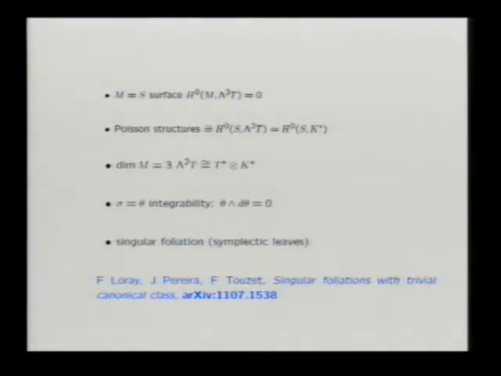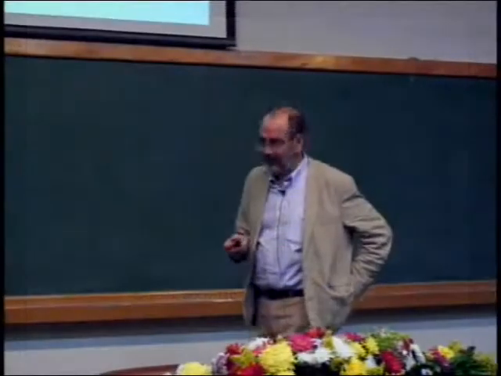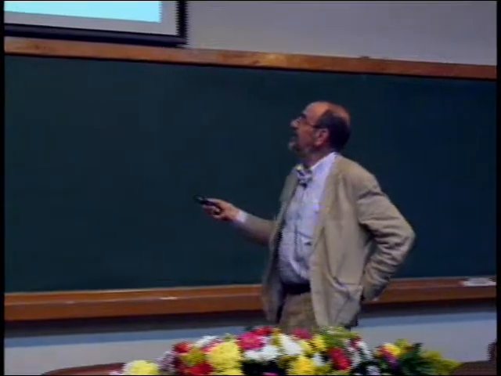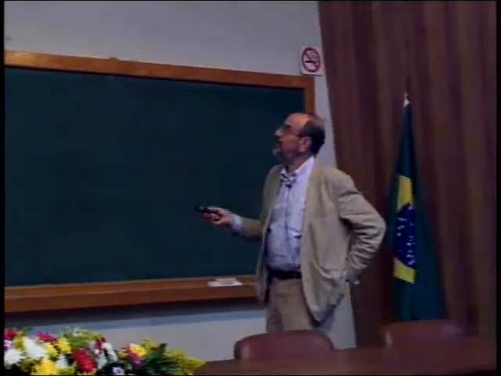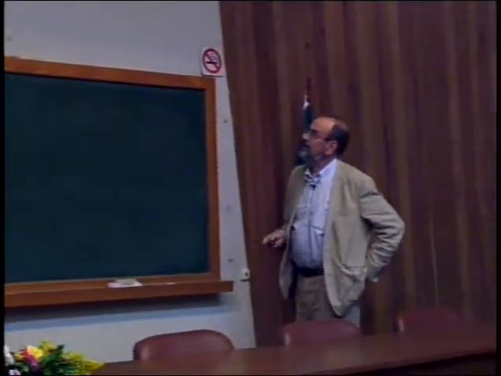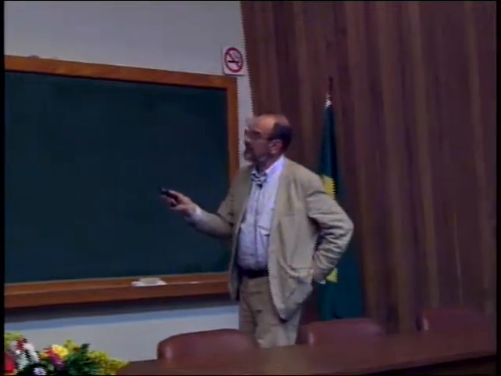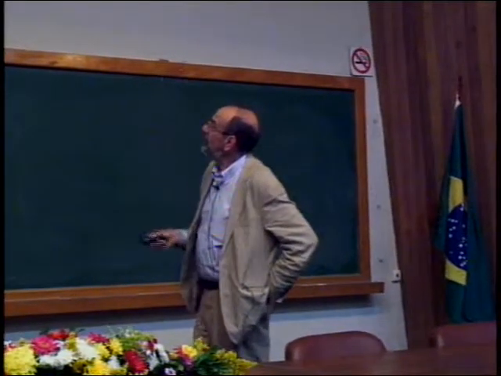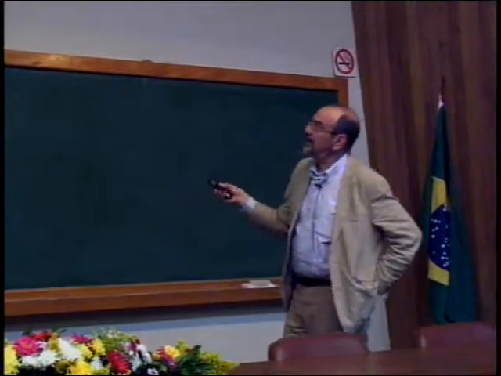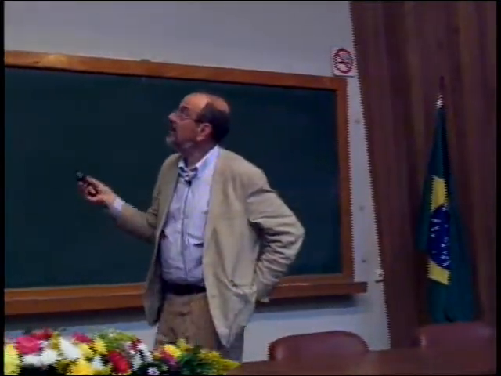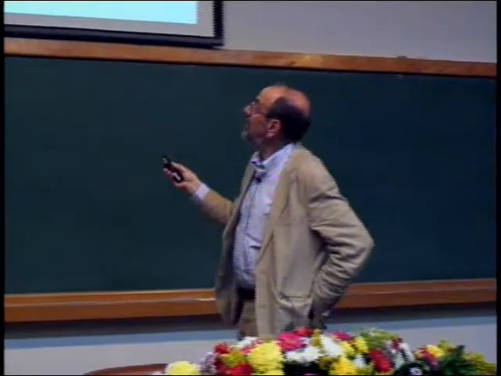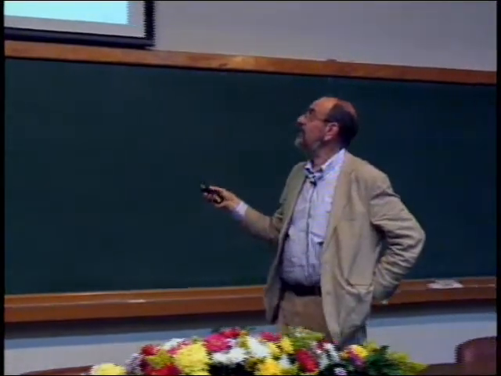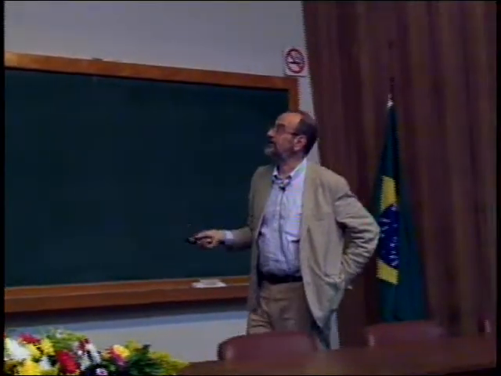Now, one of the things which I've benefited from in coming here is talking to Pereira, who pointed out this recent paper of his, which is a very interesting paper. In particular, they're looking at singular foliations, but it includes a classification of Poisson structures on a class of threefolds called Fano threefolds.